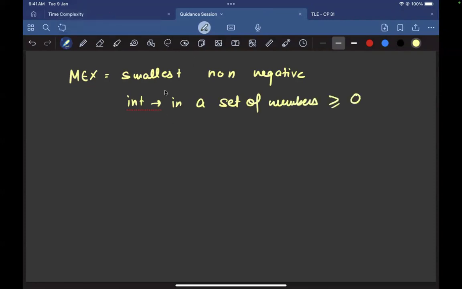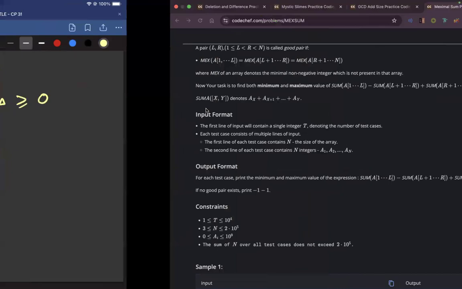For example, let's say your set of integers is 1, 2, 3. What is the mex of this? 0. For example, 0, 2, 4. What is the mex of this? 1, because 1 doesn't appear in this. This is the smallest non-negative integer missing. 0, 1, 2. What is the mex? 3. Mex is clear? No issues in this, guys?